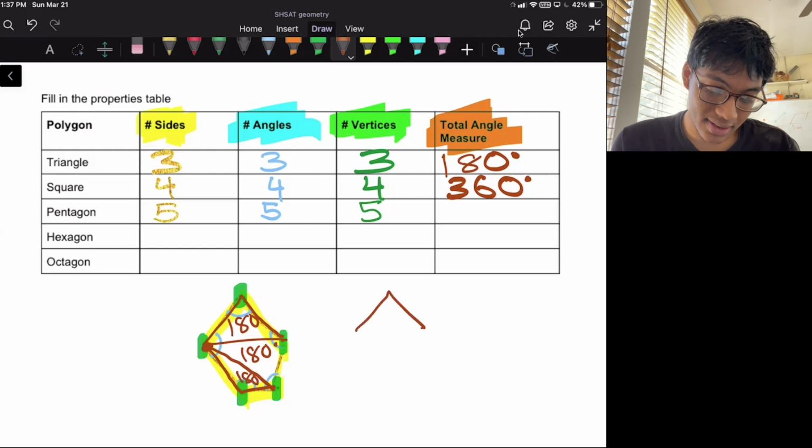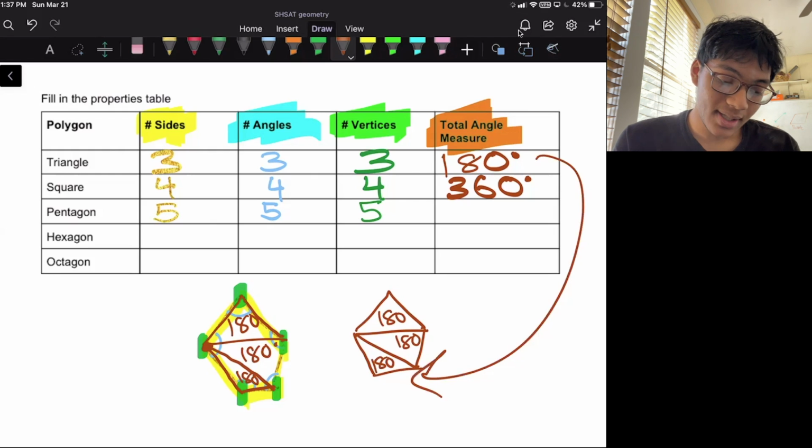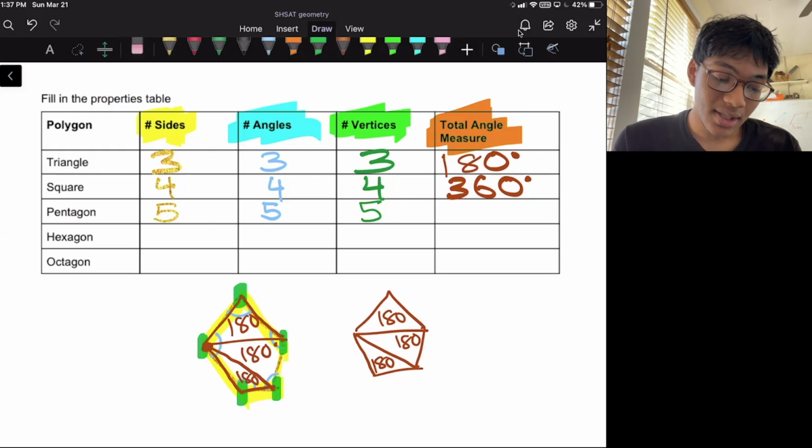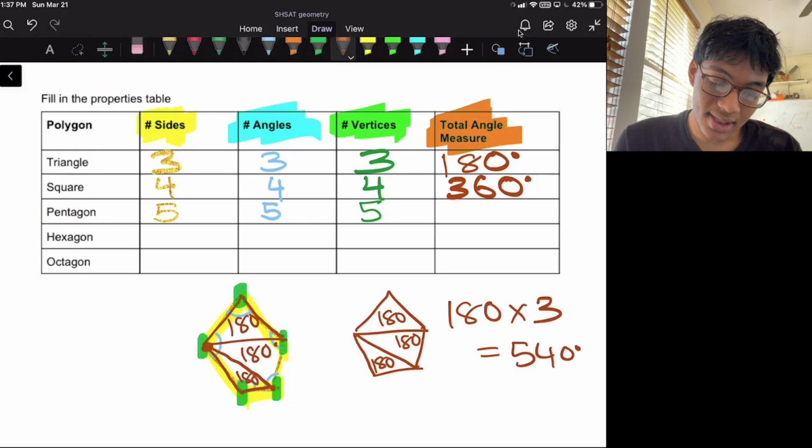A pentagon is just kind of like three triangles stacked on top of each other. And so this triangle has 180, this triangle has 180, this triangle has 180 degrees, right? Remember? So if you have three triangles, each with 180, well, how many angles in total? 180 times 3, that's 540 degrees inside of our pentagon.